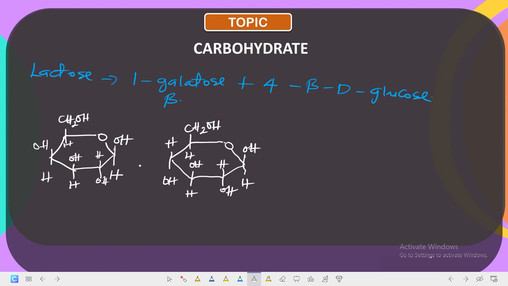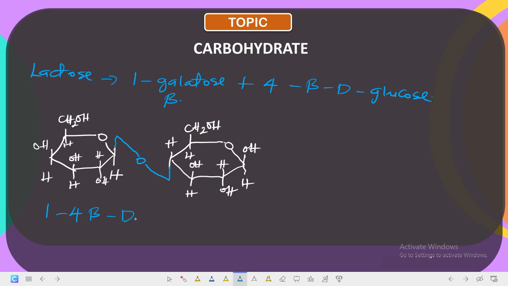What do you have between these two? A linkage, right? Because I said when OH and OH react, this one will go here. So we'll clean off. So you have this bond coming here to react with this one. This one will no longer be here. Then you form here. So this is the 1, 4, beta D linkage.